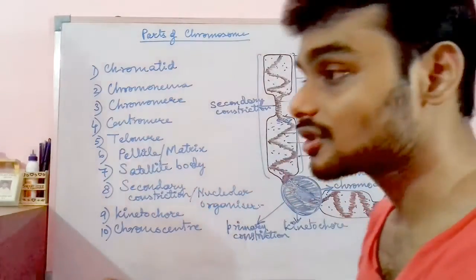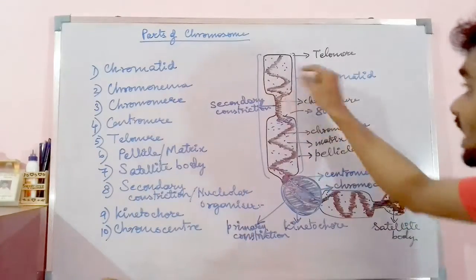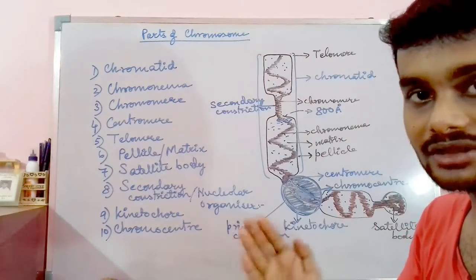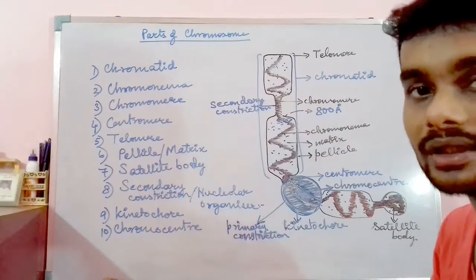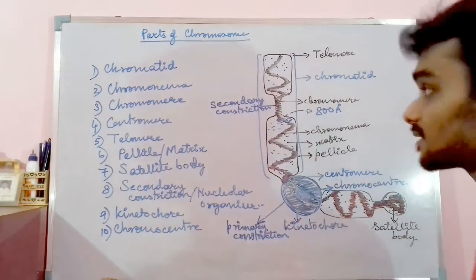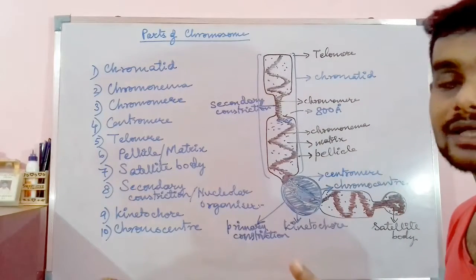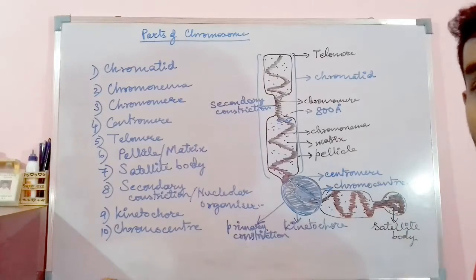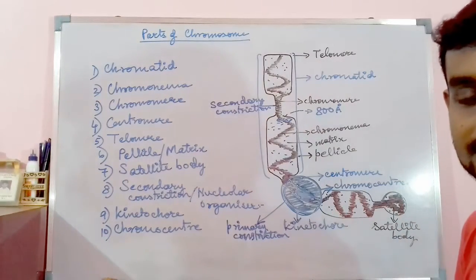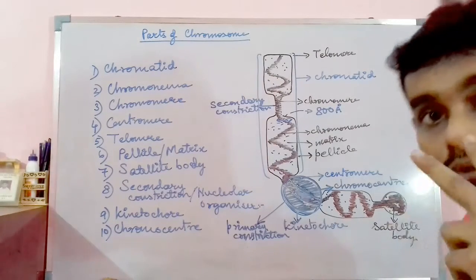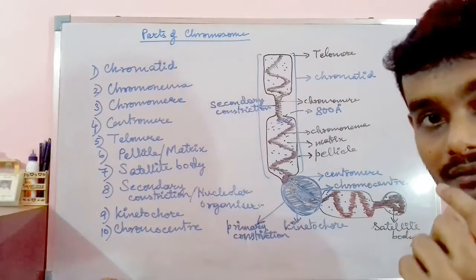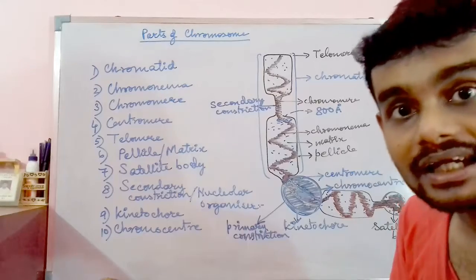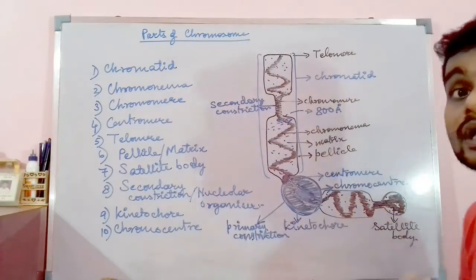The fibrils are nothing but the chromatins, which are arranged in a condensed fashion, aligned adjacent to one another, and in each of these microfibrils, which might be 2 to 8 in number, the double helix structure of the DNA is present. That is, 2 coils of the DNA structure condense to form one microfibril, and 2 to 8 such microfibrils again condense to form this entire chromonema.